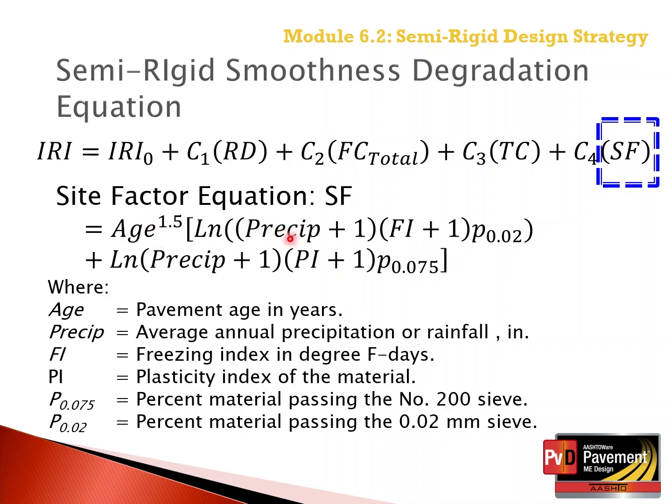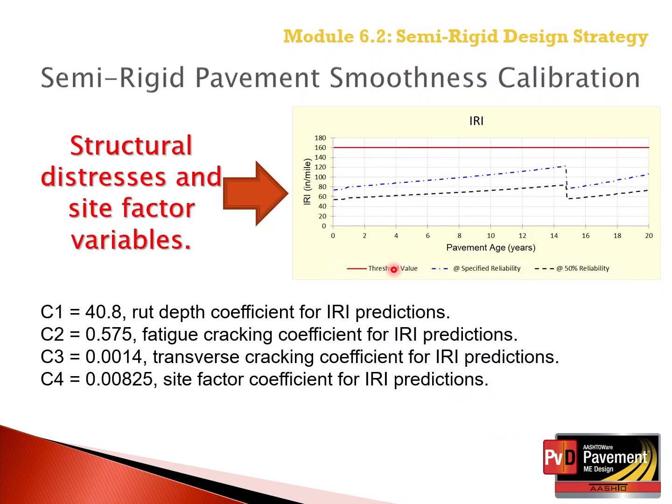Then precipitation, the average annual precipitation; the average freezing index; the percent passing the 0.02 millimeter sieve; PI, the plasticity index of the subgrade soil material; and the percent passing the 0.075 millimeter sieve, or the number 200 sieve. That basically defines the site factor for a location for semi-rigid pavement design.